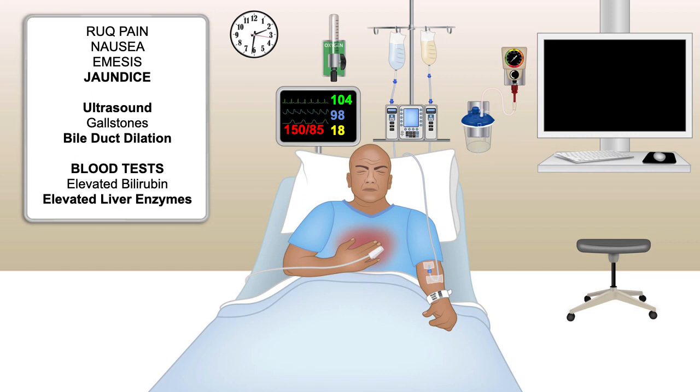So here is somebody with right upper quadrant pain, vomitings, jaundice, elevated liver enzymes and bilirubin, and dilated intrahepatic ducts. That is obstructive jaundice related to gallstones. So we talked about biliary colic, we talked about acute cholecystitis, we talked about obstructive jaundice from gallstones.